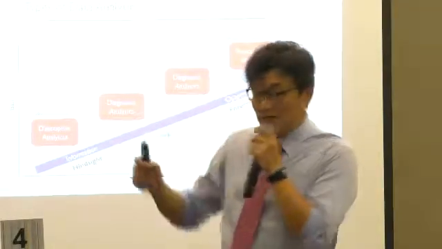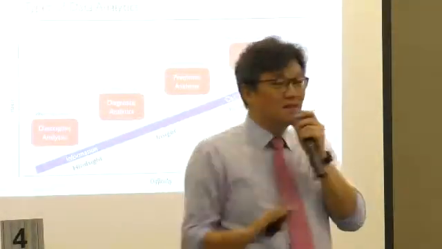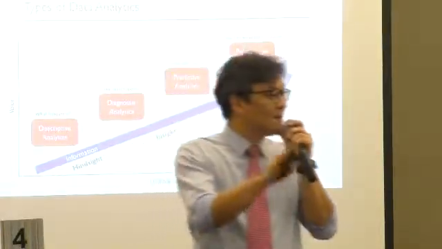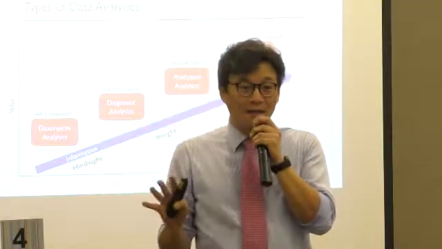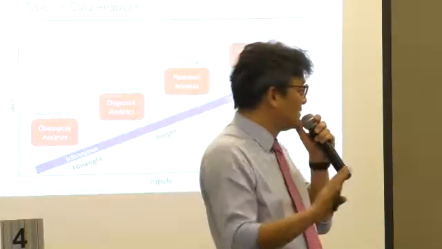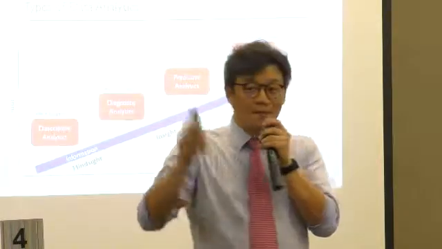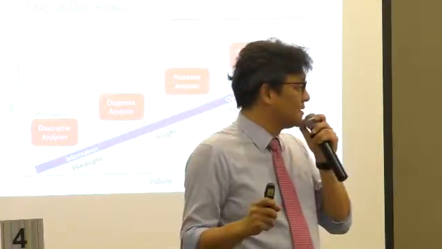If that accuracy is high, then we have good predictive analytics. Deep learning does not give us any understanding about why that's happening. It's a black box technology. You train it, it will give you the right results, but it doesn't give you any kind of understanding.